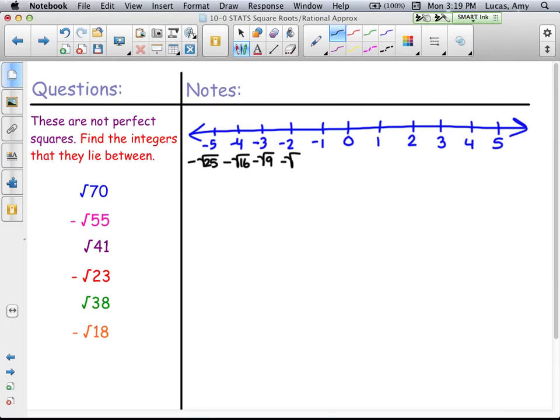These are negative roots. And then on the other side, of course, are positive.